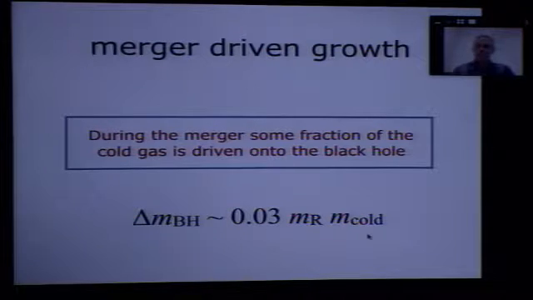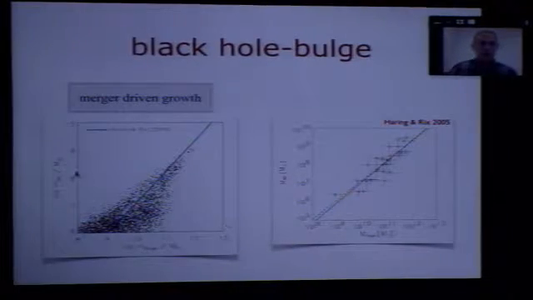Okay, so this is a simple model, and it actually does remarkably well. So here is the black hole bulge relation, and I showed you the observational version of this plot yesterday that we calibrated against. We used a phenomenology there to calibrate against.